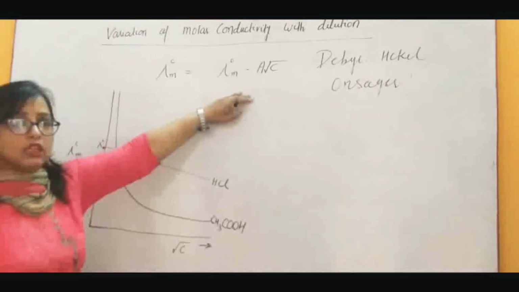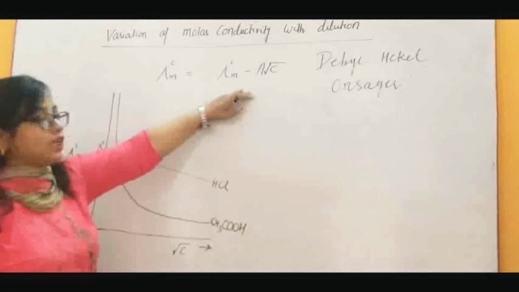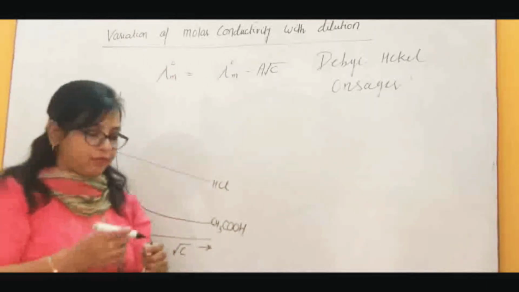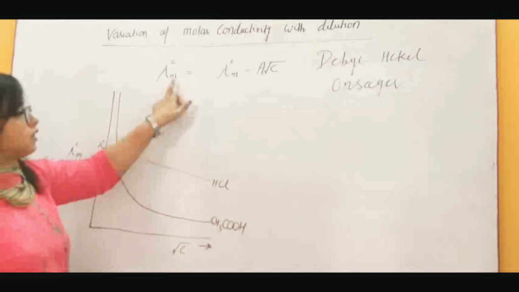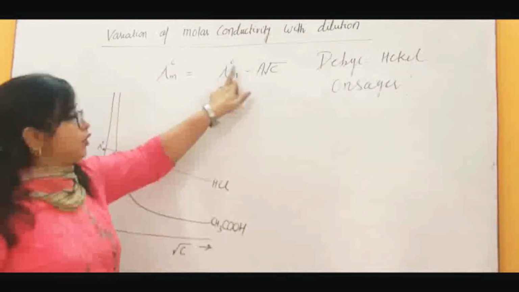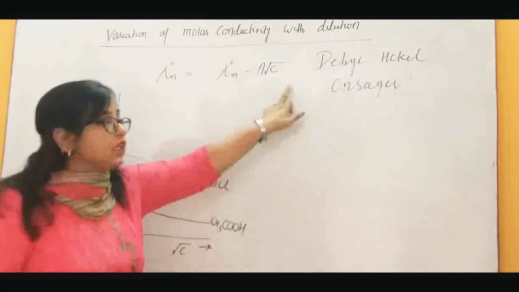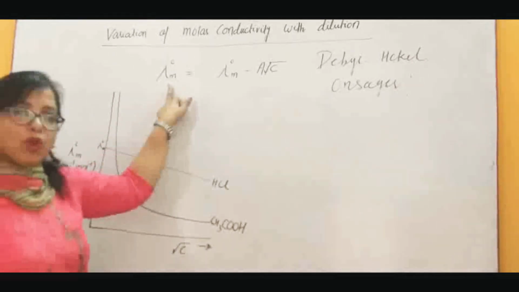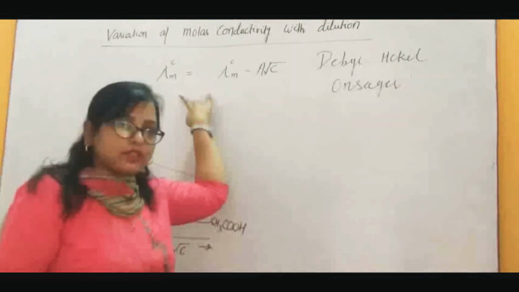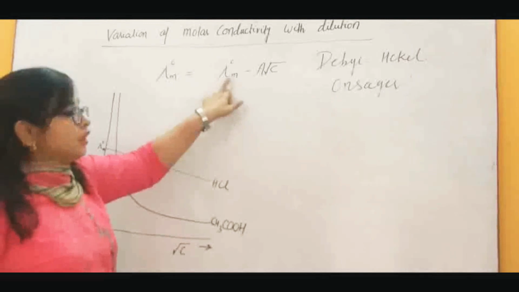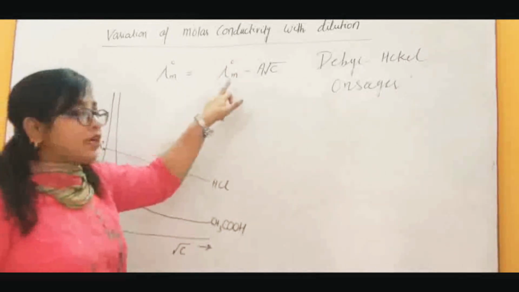According to this, the relation between concentration and limiting molar conductivity is that lambda m c is equal to lambda m naught minus A root c, where lambda m is the molar conductivity at any given concentration, and lambda m naught is the molar conductivity at infinite dilution.